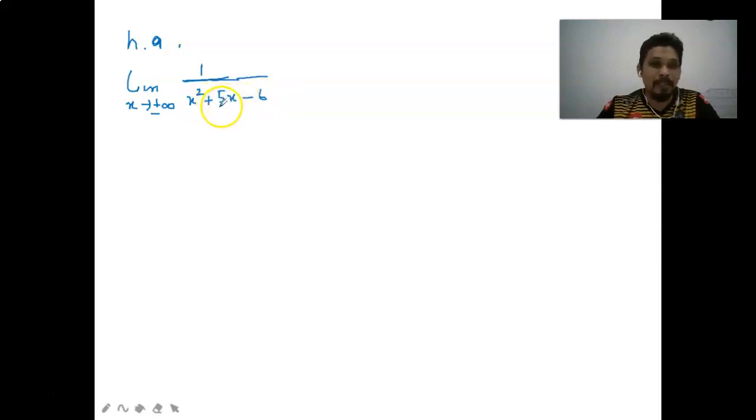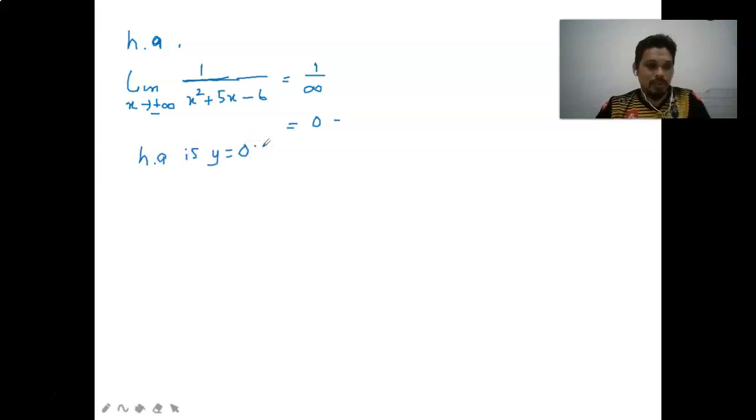For positive x the value is of course getting bigger and bigger. So we come up with 1 over infinity, which is positive, approaching 0. So the horizontal asymptote is y equal to 0.